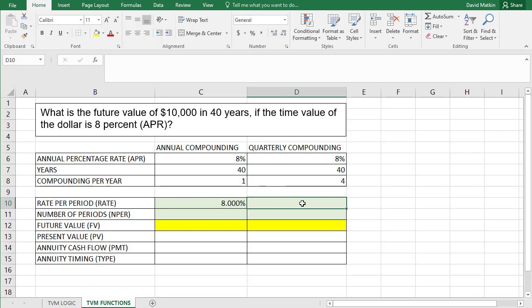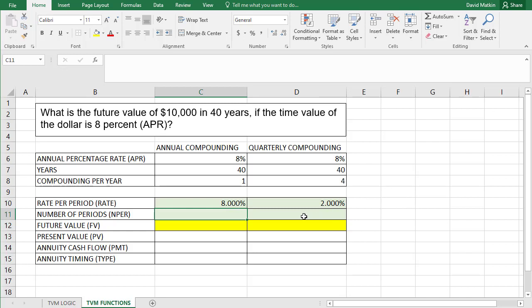But when we are compounding per quarter, now it's not 8% per quarter, it is 8% divided by 4. And so it's going to be 2% per quarter. And I'm just moving that decimal place over so that I can see if there's any kind of rounding.